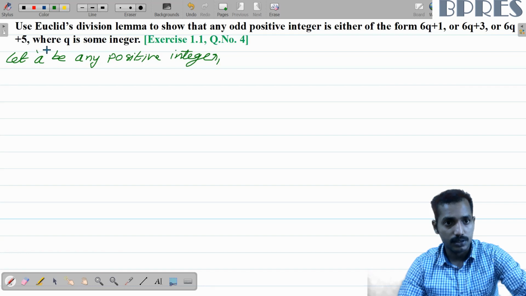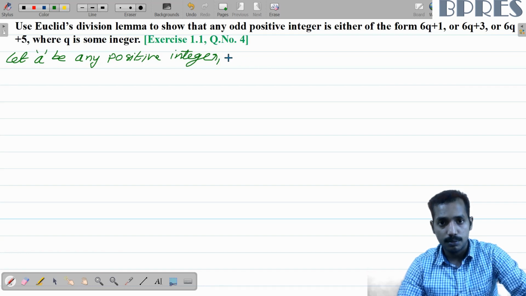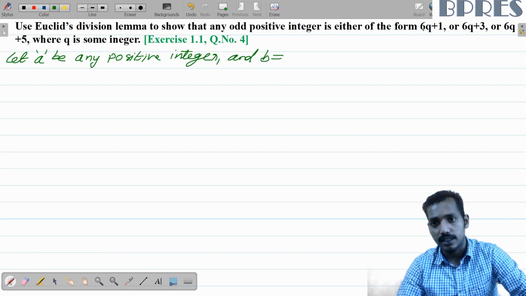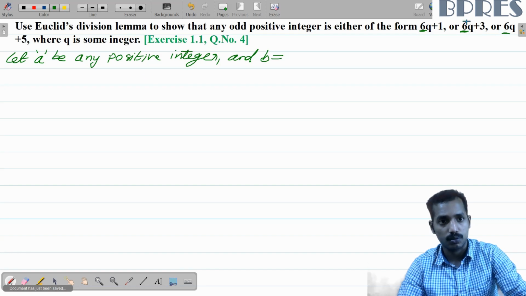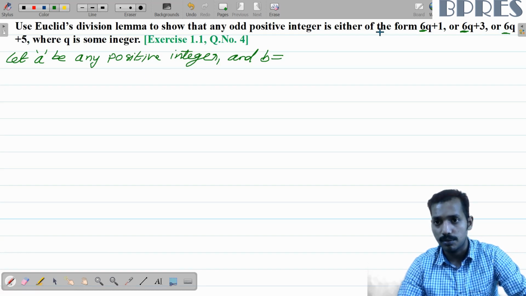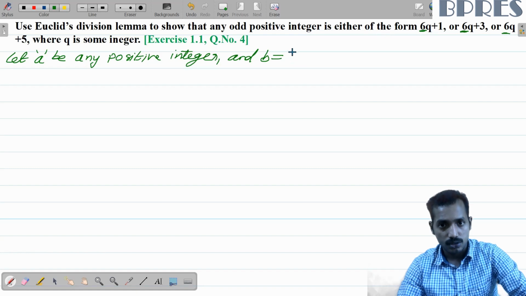Let a be any positive integer and b is equal to 6. The value of b we can choose as 6 because here it is given in the form of 6q plus 1, 6q plus 3 and 6q plus 5. So in all these three, b is given as 6. So we can choose b is equal to 6.